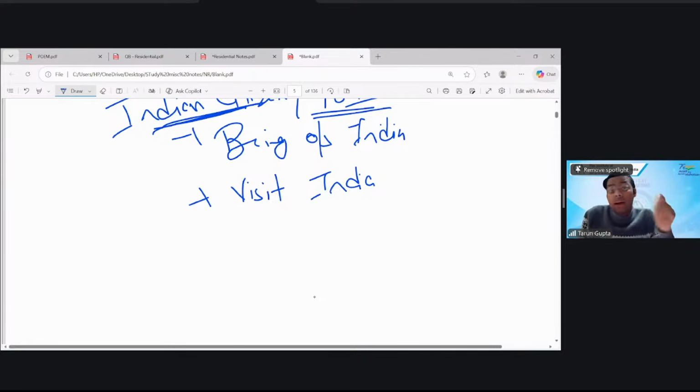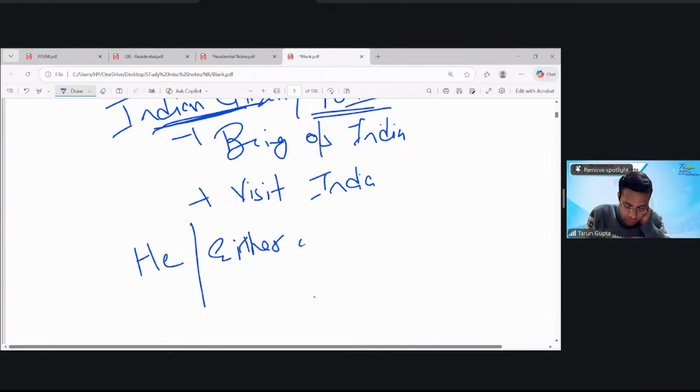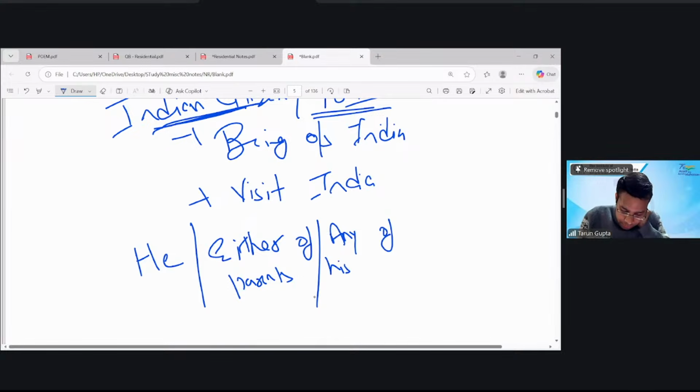An individual is said to be a person of Indian origin if he, either of his parents, meaning mother or father, or any of his grandparents, understood?